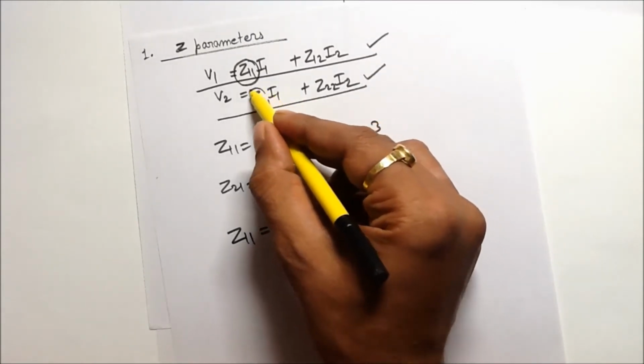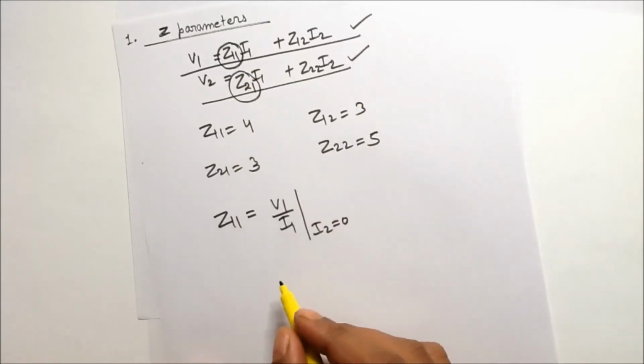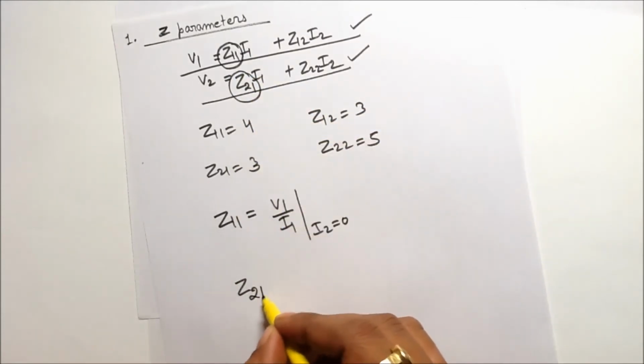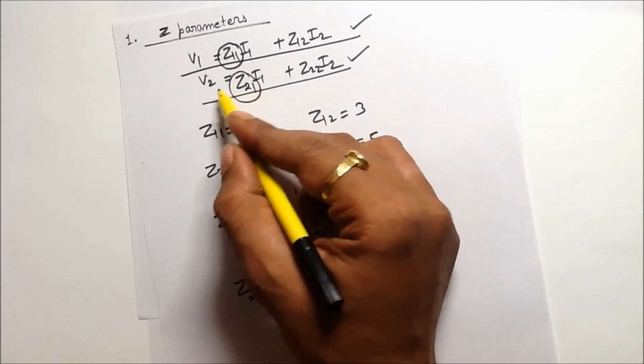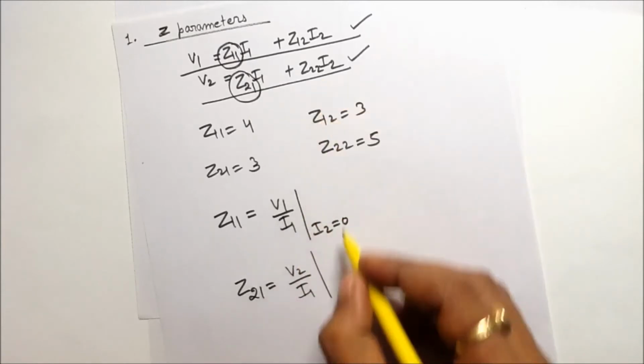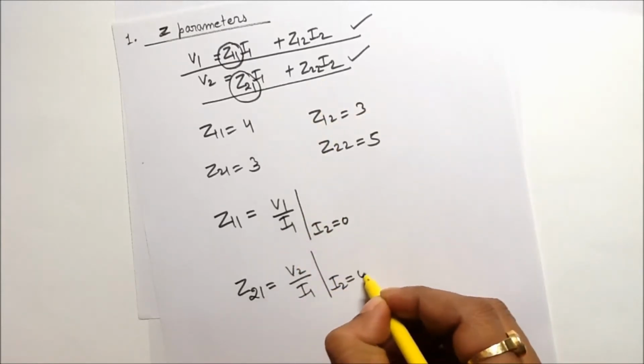In the same way, you can find out the value of Z21. Z21 equals V2 upon I1 when I2 equals 0.